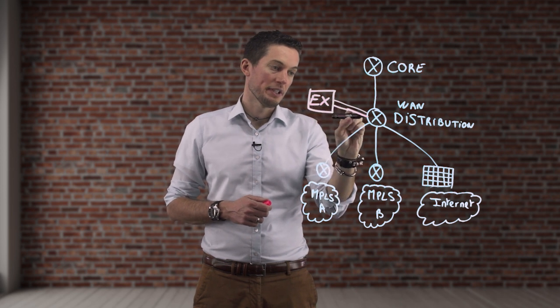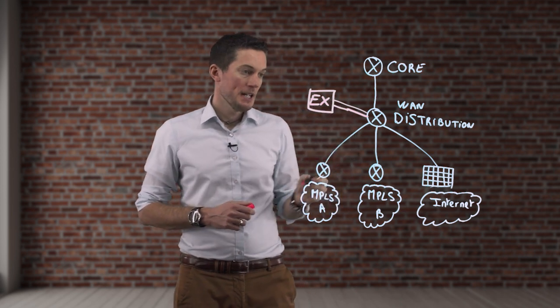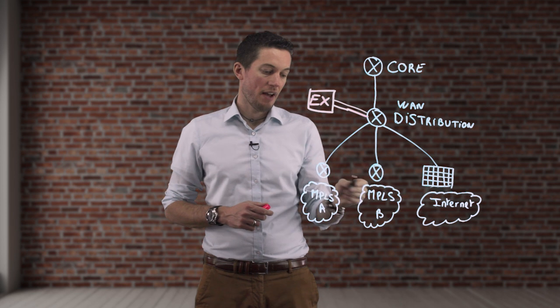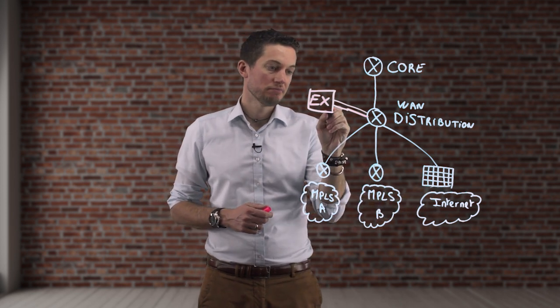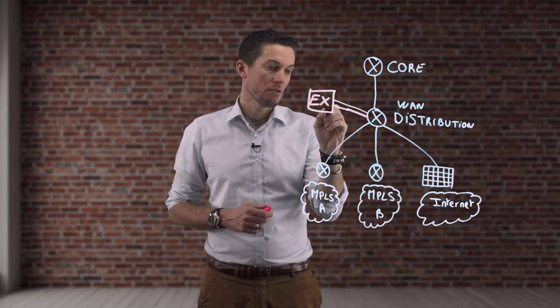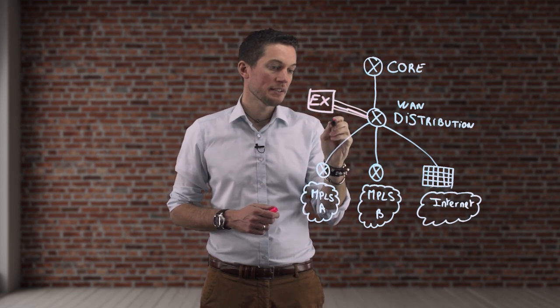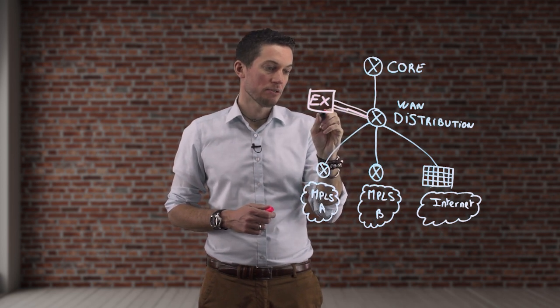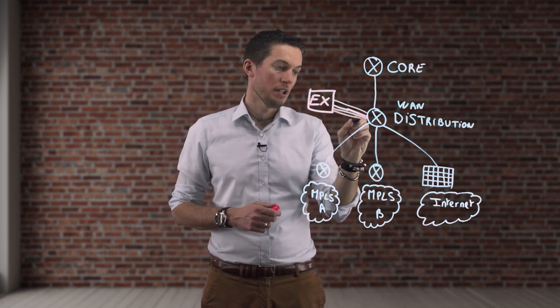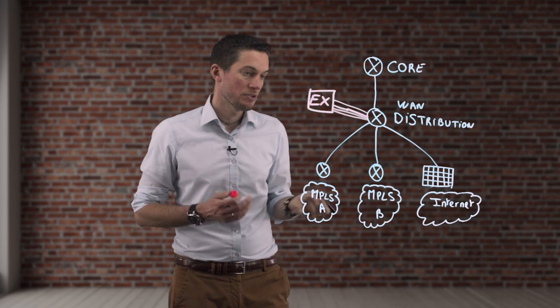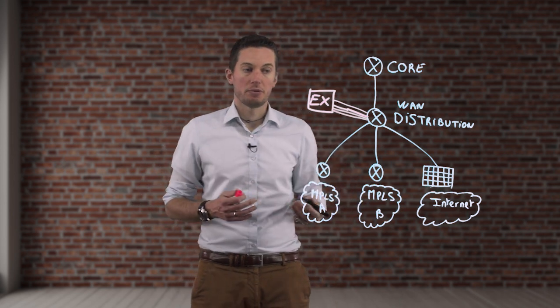So this will be considered as an uplink. Since we have MPLS A, MPLS B, and the internet, we might actually have 3 uplinks, or at least 2 here like this. And the EX could also be connected to the firewall directly, or again to the distribution router. So it's up to you to define the way you want.